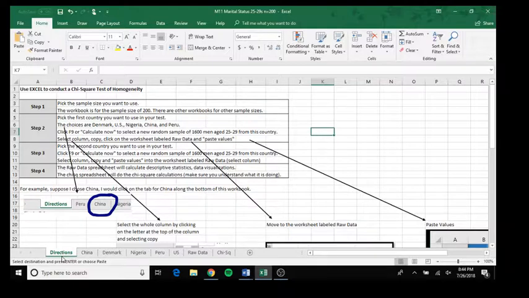So I did the same thing with that, and I copied and pasted it into the raw data worksheet. So then it says the raw data spreadsheet will calculate descriptive statistics and data visualizations. The chi-square spreadsheet will do the calculations.